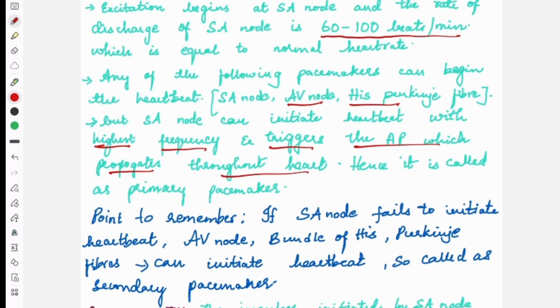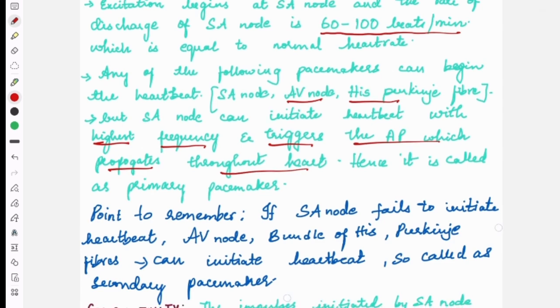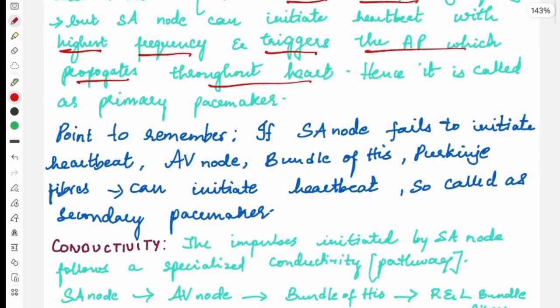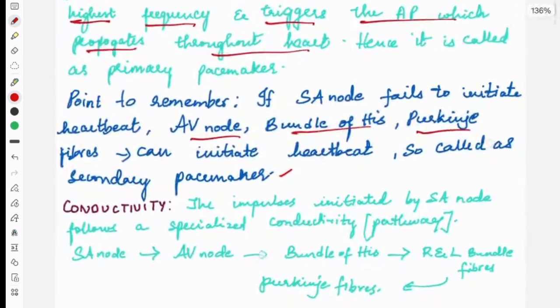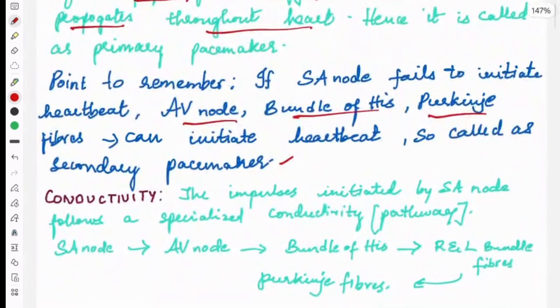These are the two functions of the SA node that we need to remember. If the SA node fails to initiate the heartbeat, then the AV node, bundle of His, and Purkinje fibers can initiate it. These are called secondary pacemakers, which are functional when the SA node is non-functional. Now the second property that we get to see is conductivity.